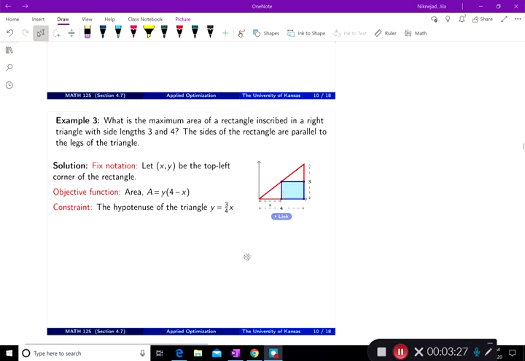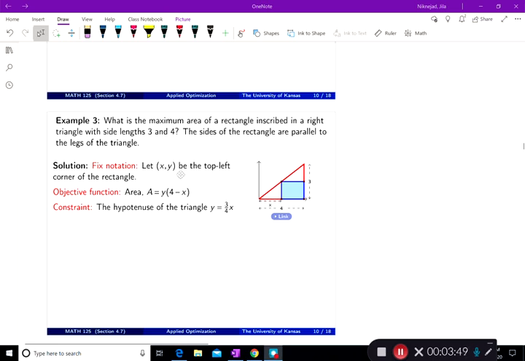And so y is 3/4 times x, and that's the relationship that you see. So that's a constraint.